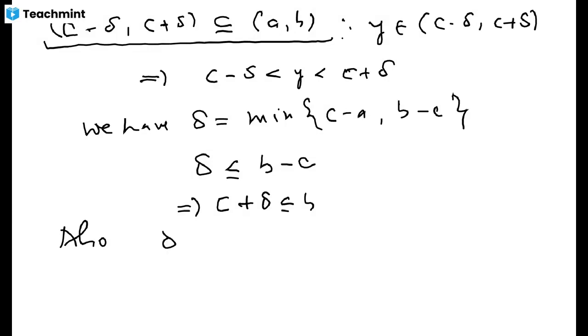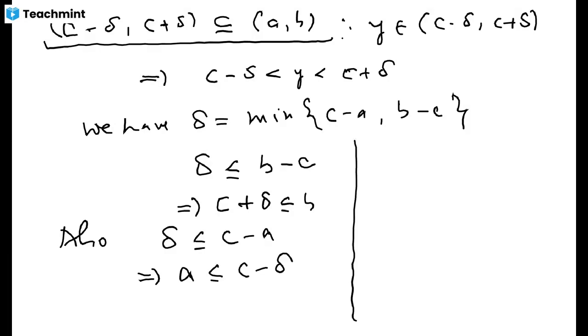So delta has to be less than or equal to C minus A, which implies that shifting A to the left, you will have A less than or equal to C minus delta. Let us combine these inequalities with the inequality here in the box.